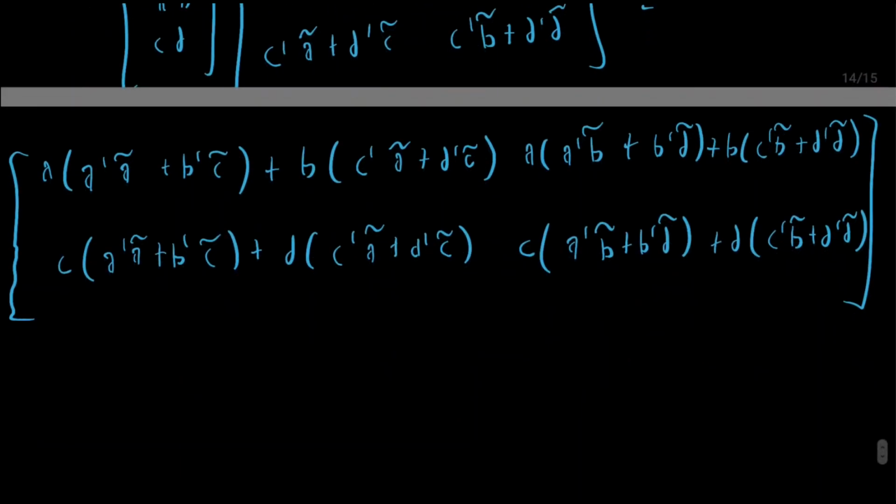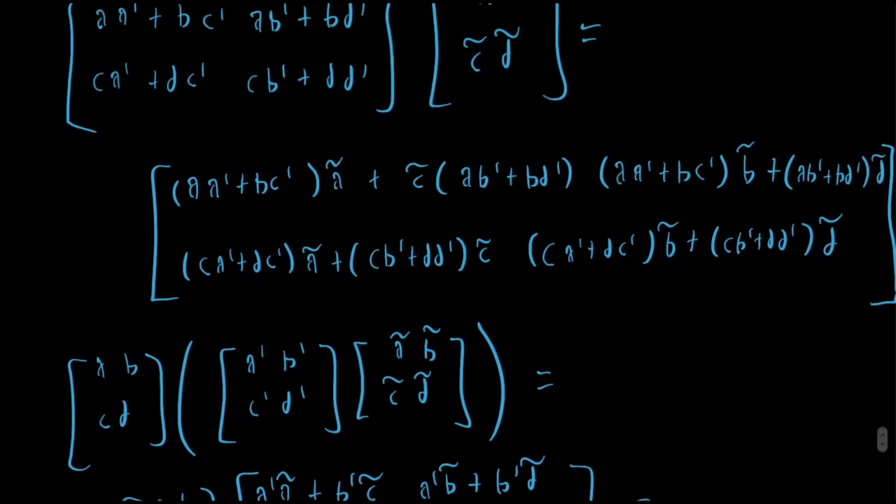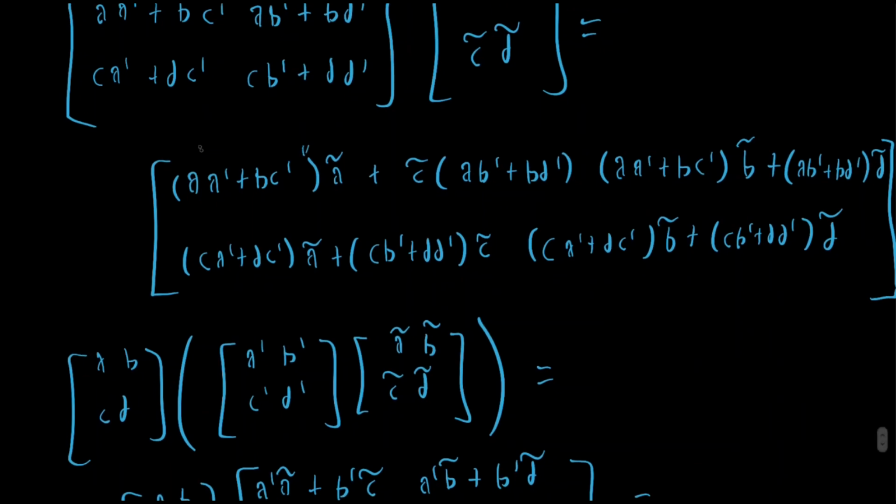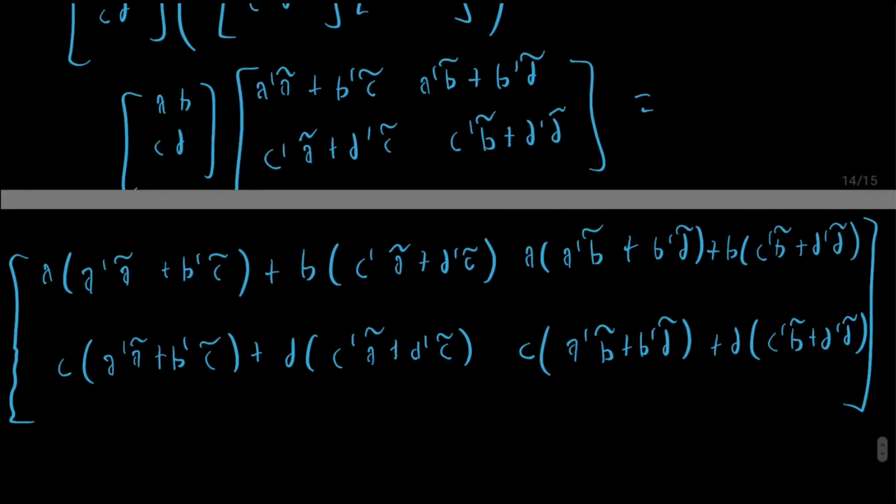So now, once we have computed this product, all we want to do is show that each entry is equal, by the definition of matrix equality. So let's check for the first one. Expanding it all out, it is A prime A tilde plus B C prime A tilde plus C tilde A B prime plus C tilde B D prime. And let's expand all this out: A prime A tilde plus A B prime C tilde plus B C prime A tilde plus B D prime C tilde.